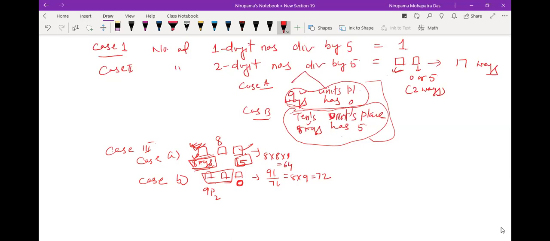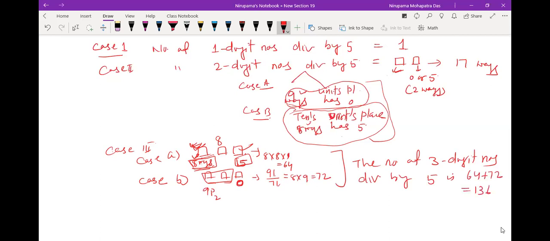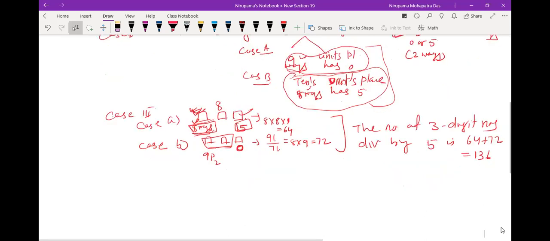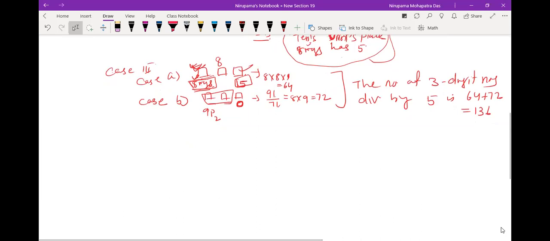Total कितना हो जाएगा? So the number of 3-digit numbers divisible by 5 is 64 plus 72, that is 136. That is the reason I wanted to include this question. Now case 4.